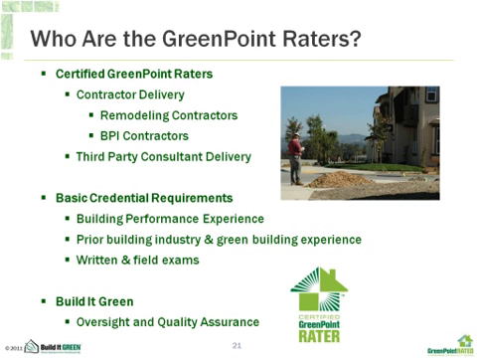The Greenpoint Rated Existing Home can be implemented by a contractor who's been trained as a Greenpoint rater. So your remodeling contractor, your BPI contractor can add those extra green features. They can verify the house. There is quality assurance on those folks, and the homeowner can get a label.